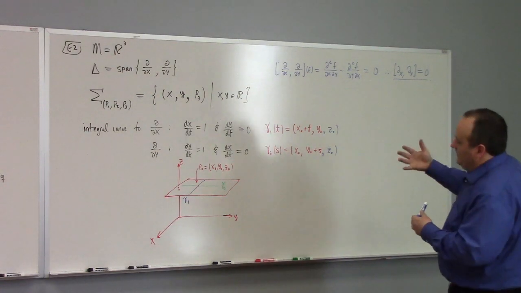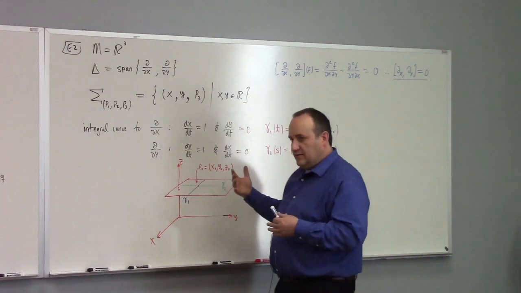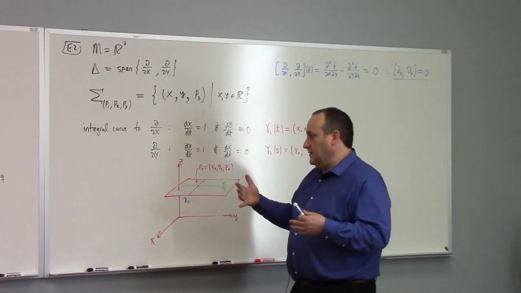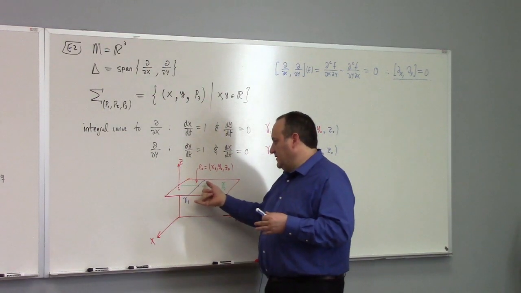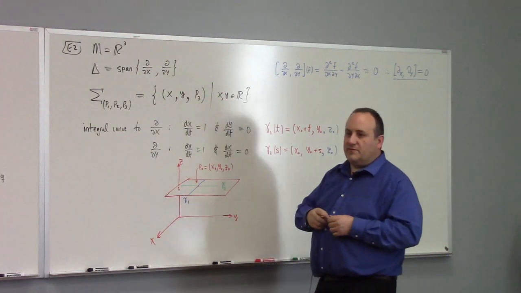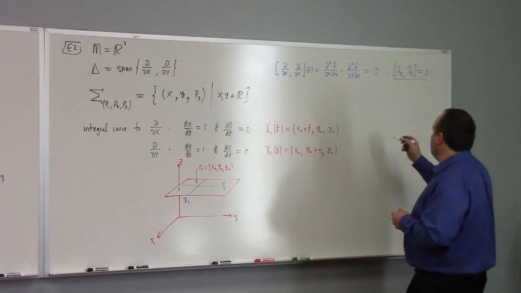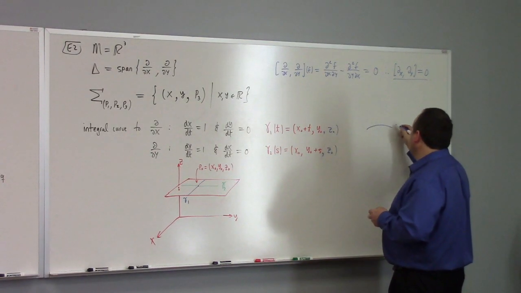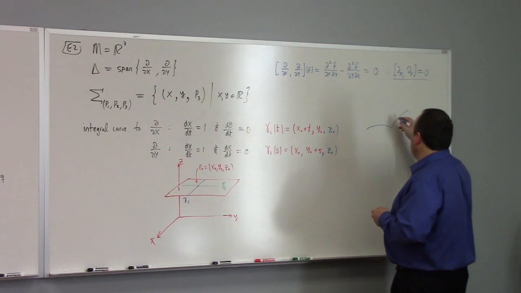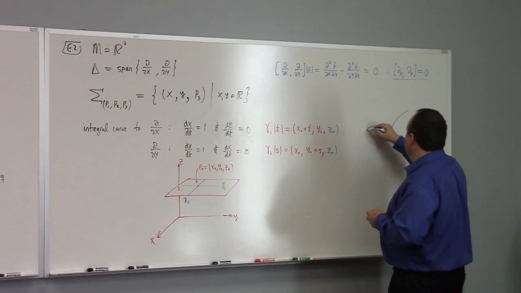So what that means, if we study the concept of flow, is that if you flow along the integral curves of vector fields, something like this happens. You might flow along one direction, and then another direction, and then another.